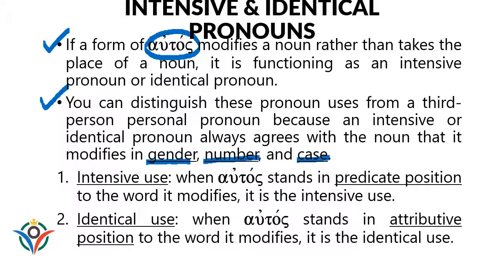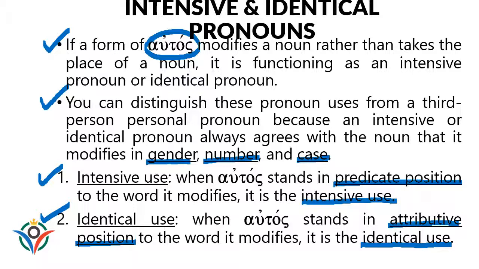So let's dig further now and look at the intensive use. So when autos stands in the predicate position to the word it modifies, it is the intensive use. And then the identical use, when autos stands in the attributive position to the word it modifies, it is the identical use.